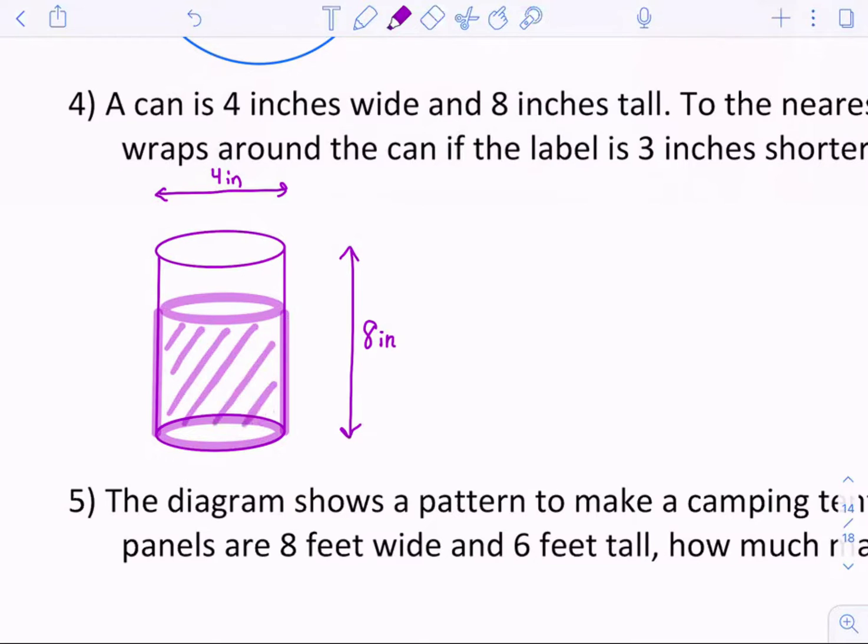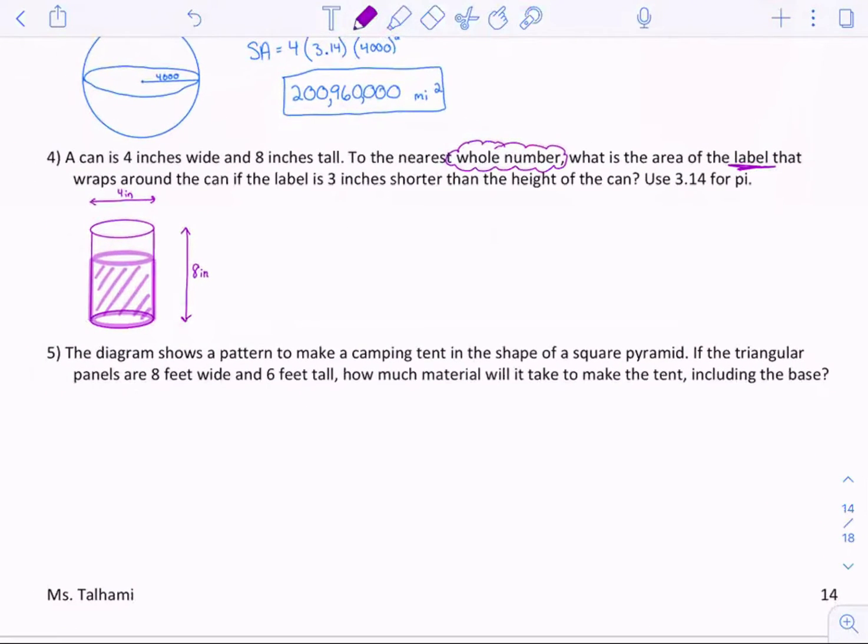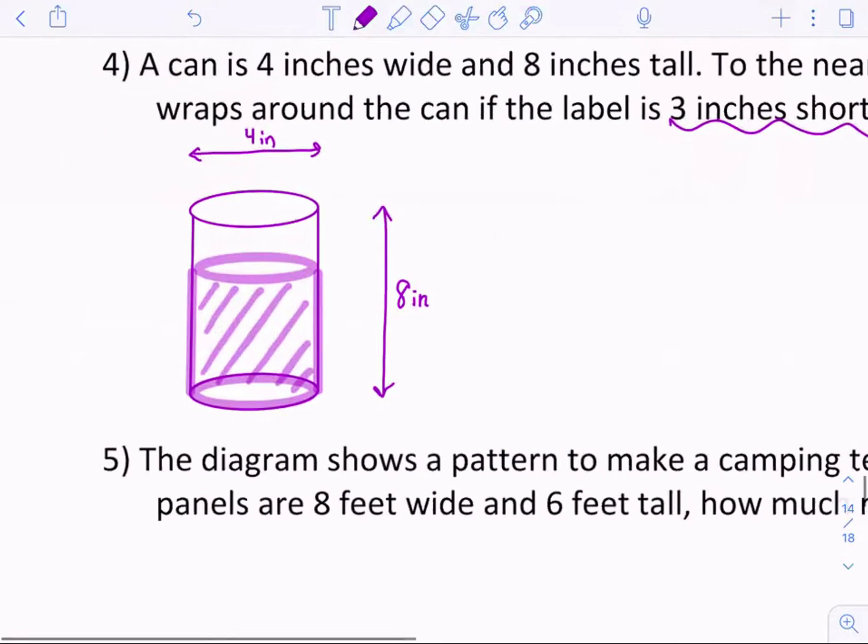Yeah, right? So I want us to really focus on something they told us, Miss Murphy. It was really important that you stressed it while you were reading. They want the surface area of just the label. But it says the label is 3 inches shorter than the height of the can. So if it's 3 inches shorter, what does that mean this height is? So that must be 8 minus 3, which is 5.